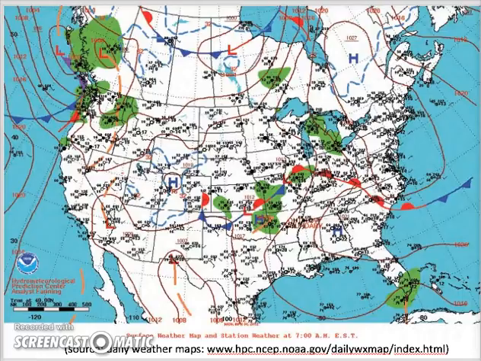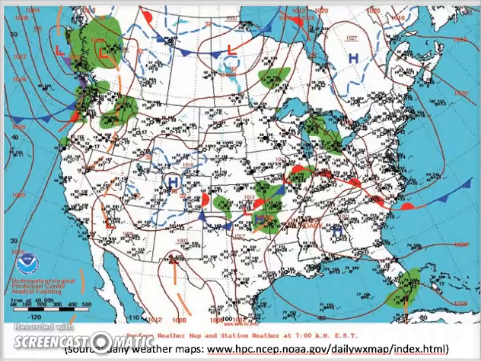Although frontal analysis began in Norway in 1918, fronts were not analyzed by the U.S. Weather Bureau until 1942. Automated plotting of weather maps was undertaken in the United States in the 1970s.